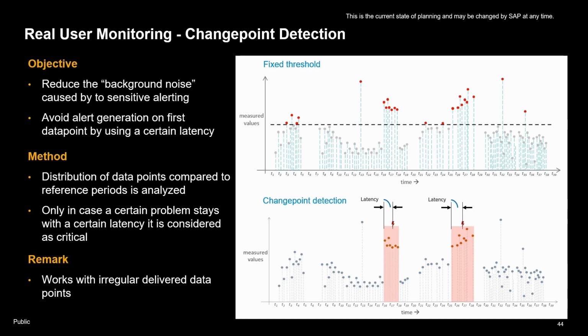So real user monitoring as well as synthetic user monitoring so far were not able to set up via the alert management, so to receive alerts automatically. This was related to the fact that we were afraid that if we provide you with the possibility to define very strict thresholds manually, because an end user is involved, you would get a lot of white noise.